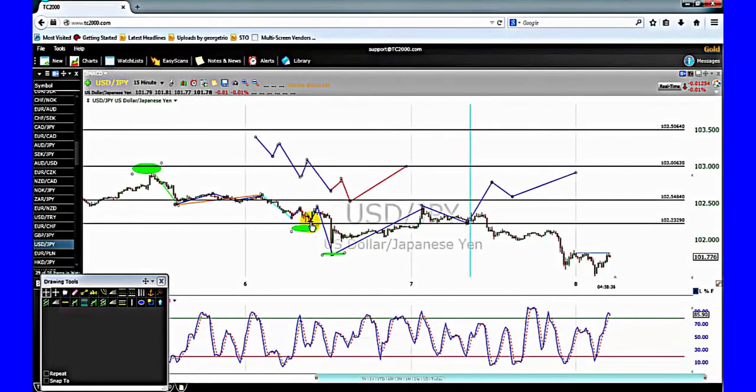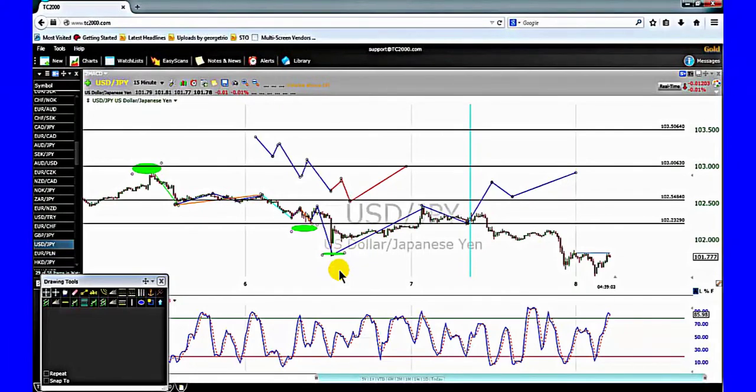A correction has started here, 1, 2, 3. But the third part of the correction was uncompleted. As you can see on my chart, we were expecting the correction to push the price up to this point somewhere here, but it did not take place. Instead, the trend has resumed again. This is a complex wave pattern.